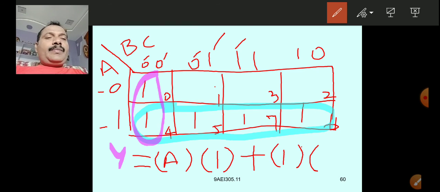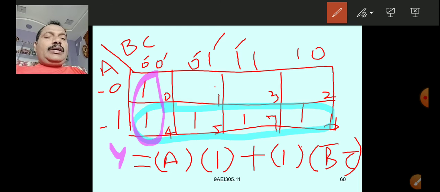Next, column side you have to write. On the column side, only a single column is there. Hence, no variable is changing. Two variables are assuming their respective values. That's all. They are not changing. So you have to write B bar and C bar, because B is 0, C is 0.